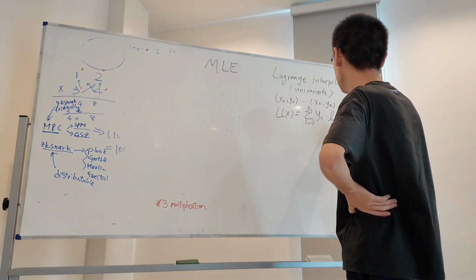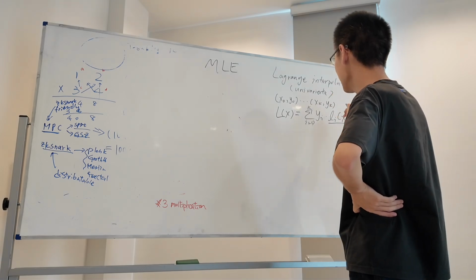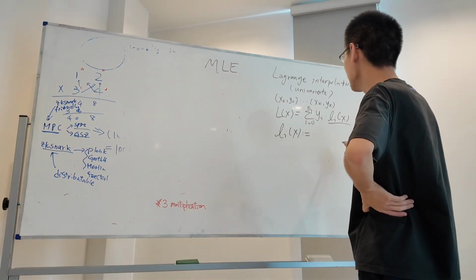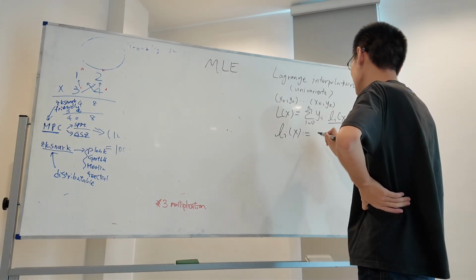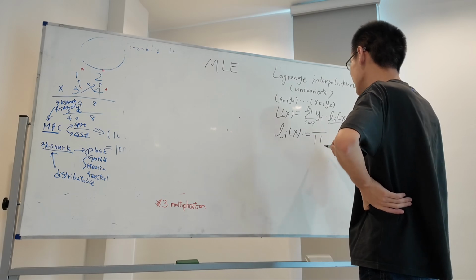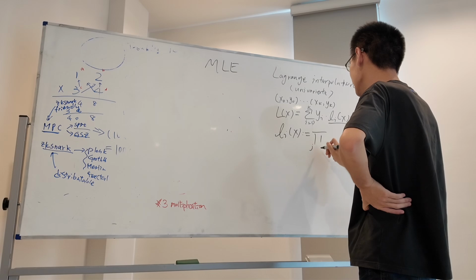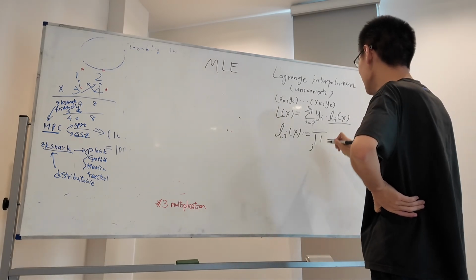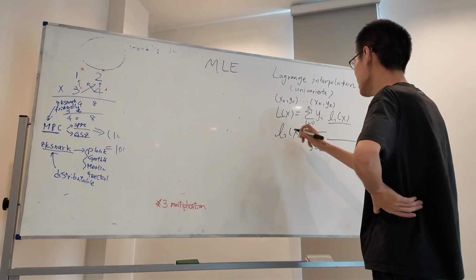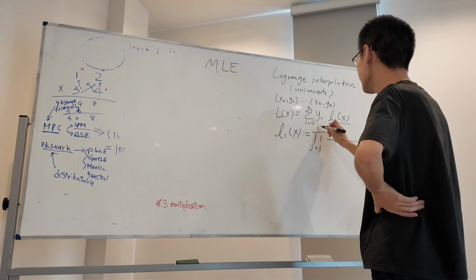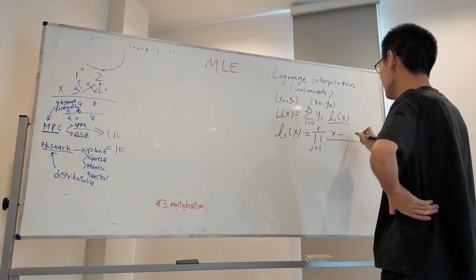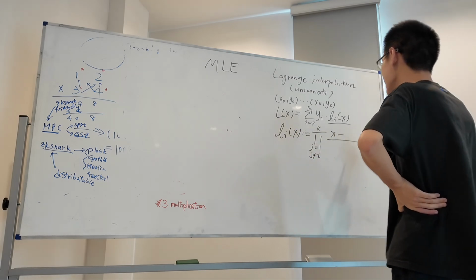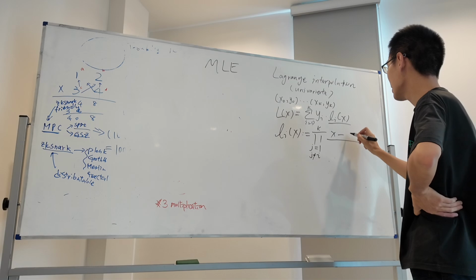This is a Lagrange polynomial and also the basis of this polynomial space, which can be written explicitly as the product over j from 1 to k of x minus x_j, but j cannot be equal to i.